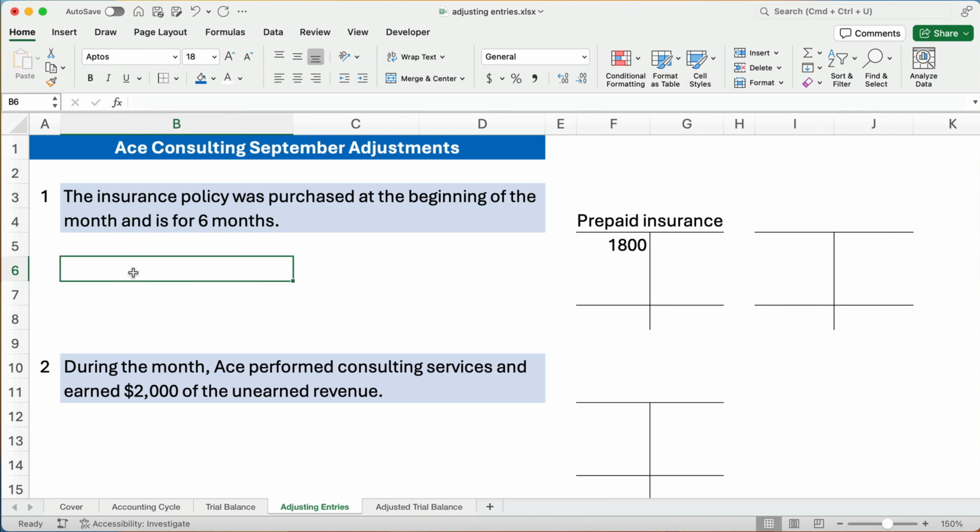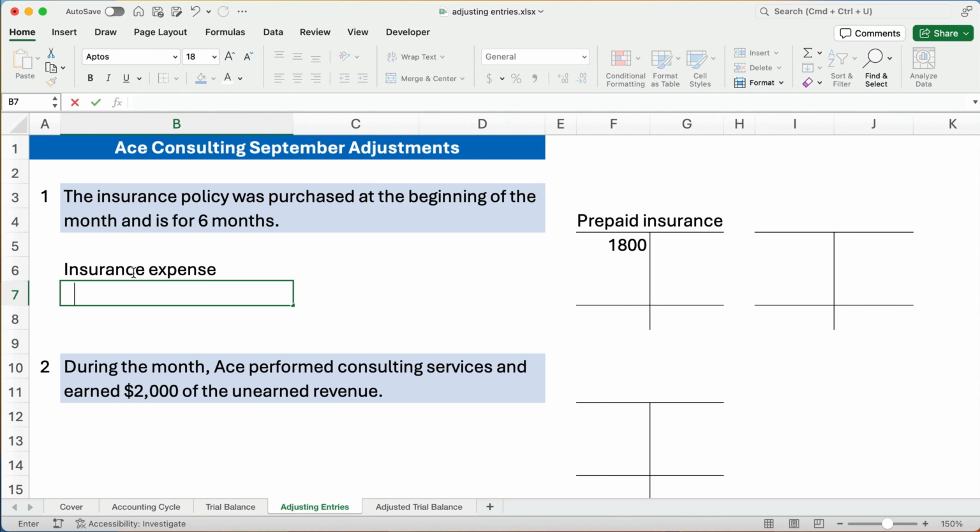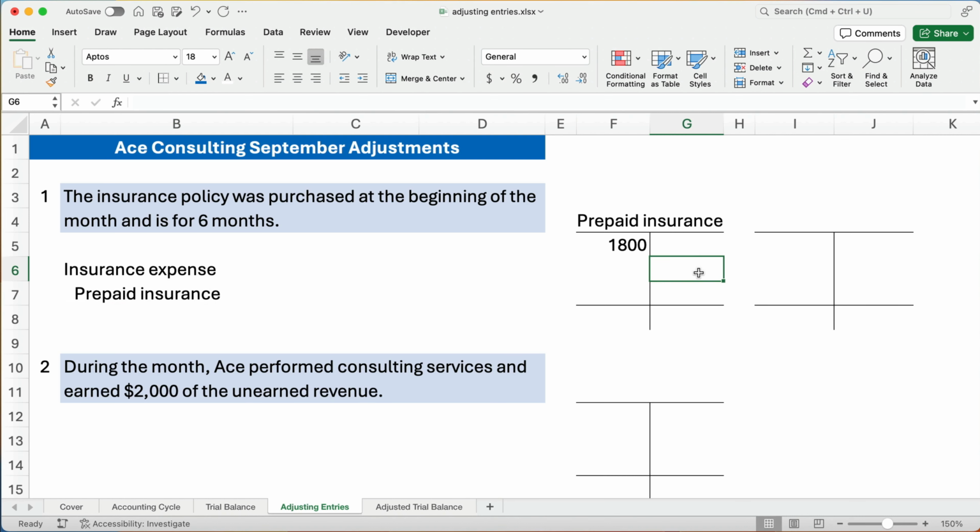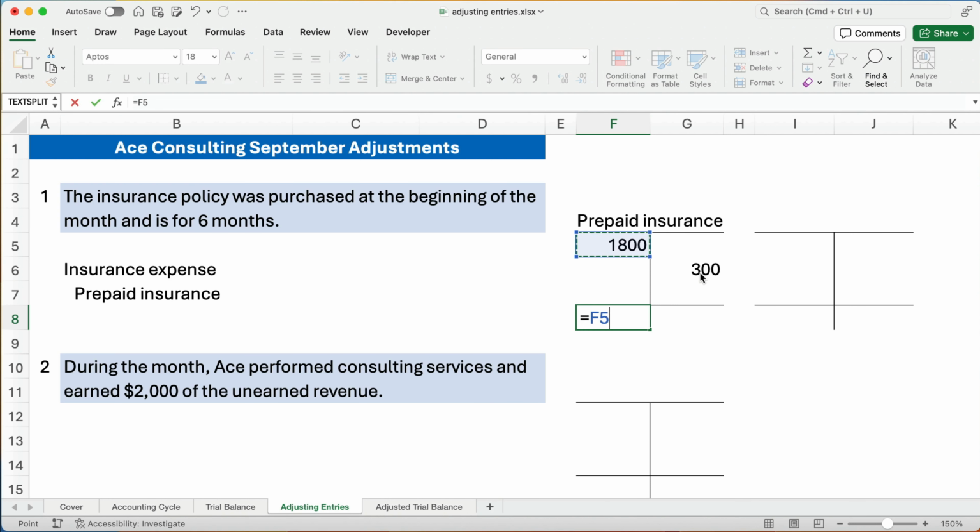So we're going to make an entry that says insurance expense, and we're going to credit the prepaid insurance. So our prepaid insurance is going to be reduced by $300, so it's going to be $1,800 minus the $300. It'll have a balance of $1,500.